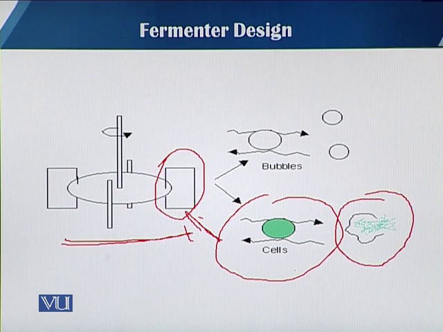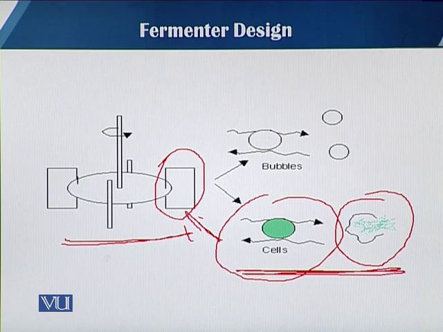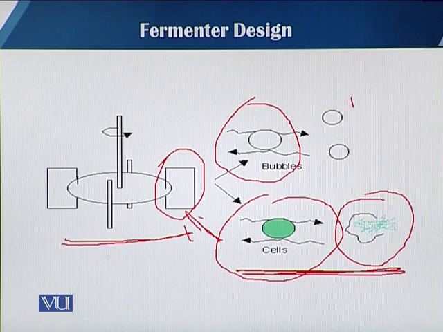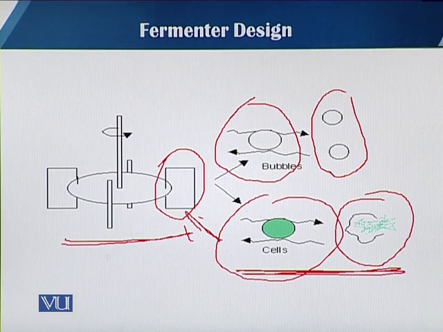So in the case of radial flow impellers, the bursting of the cells happens. But when the cells collide with the air bubbles, it reduces the air bubble size, which is the positive point in radial impellers. But sometimes, when we need the shear effect on the cells, it goes negative.